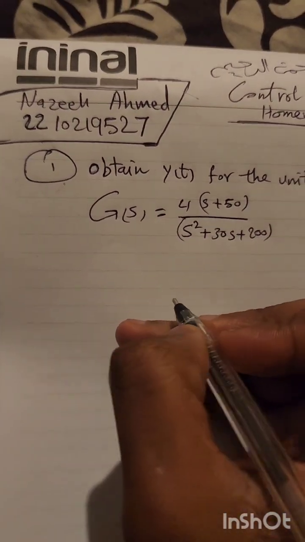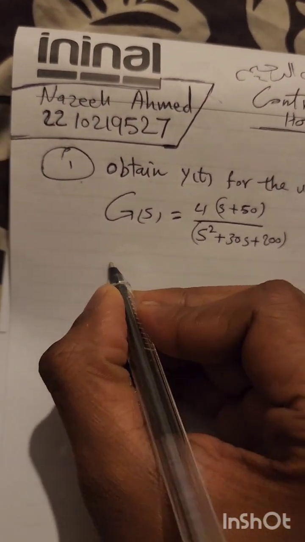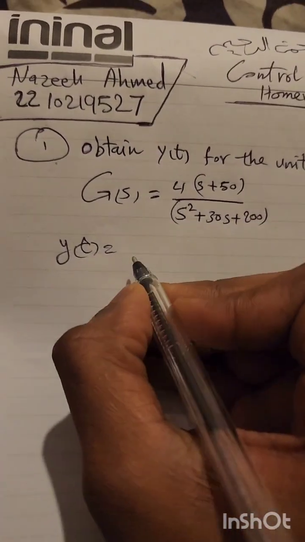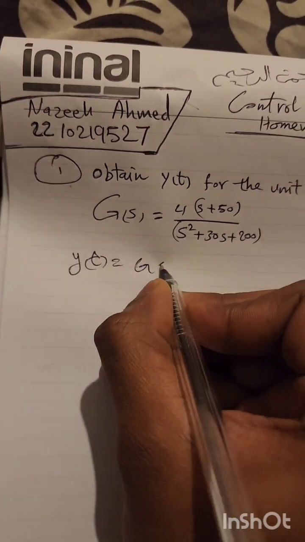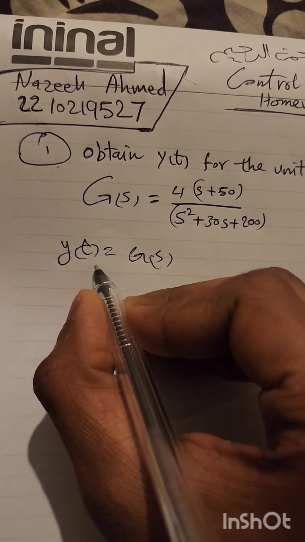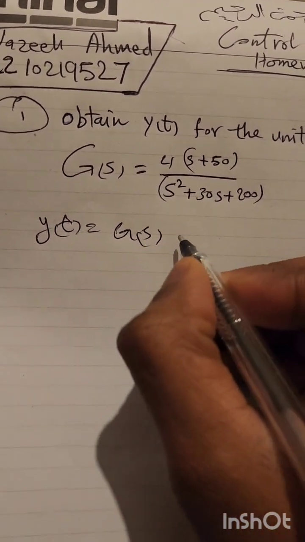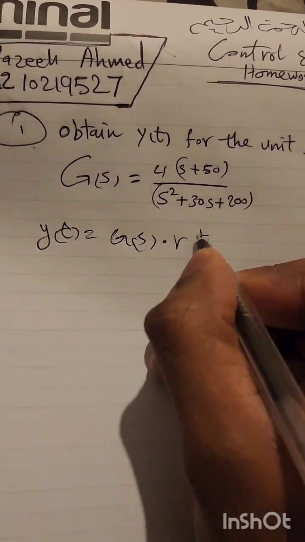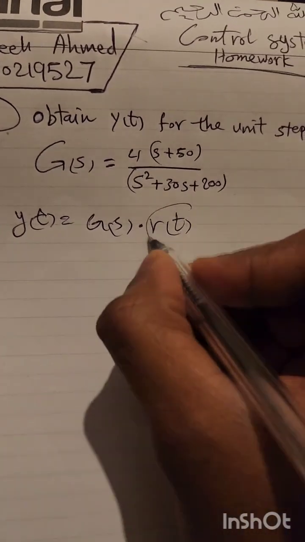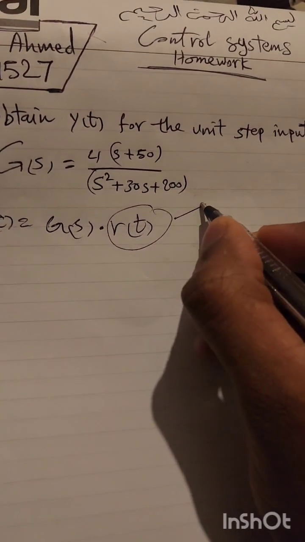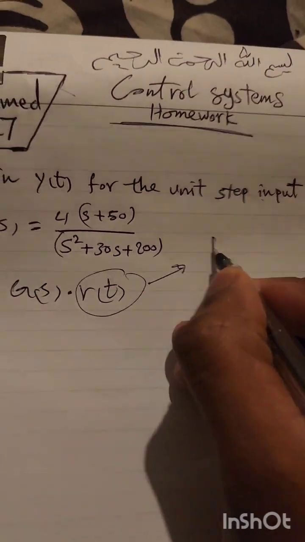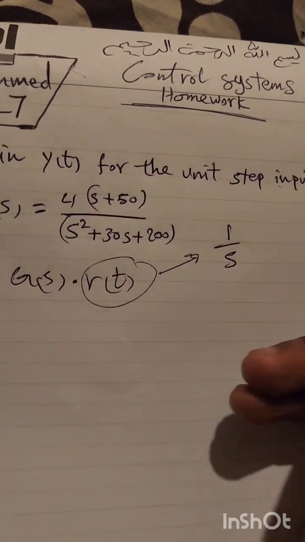To get the y of t, we must know the formula first of all, and it equals G(s) multiplied by R(s). So what is R(s)? R(s) here is the unit step input, and it is 1 over s. So it's like already given.